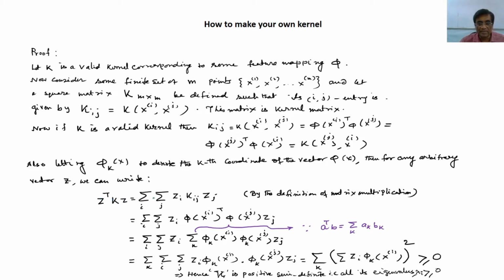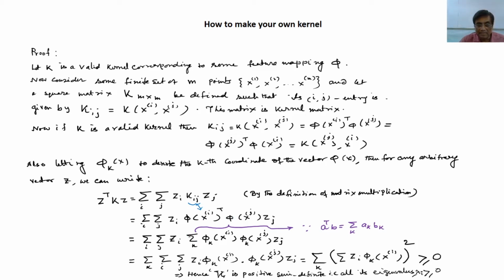And that equals, by the definition of matrix multiplication, the summation over i, j of zi Kij zj, equals the summation over i, j of zi phi xi transpose phi xj zj. So if this is a kernel, then there must exist phi, so that phi xi transpose phi xj, in place of that we wrote, okay, and zj. And then we are trying to perform that matrix multiplication.